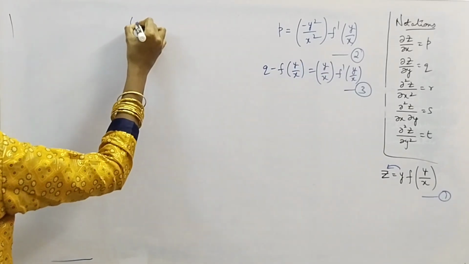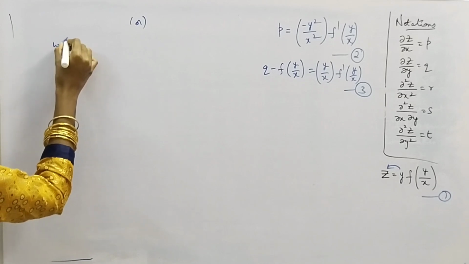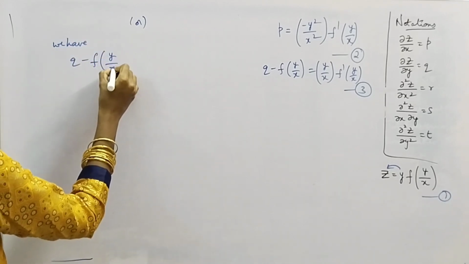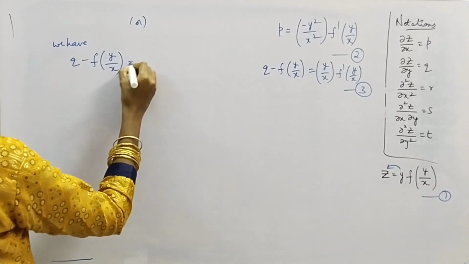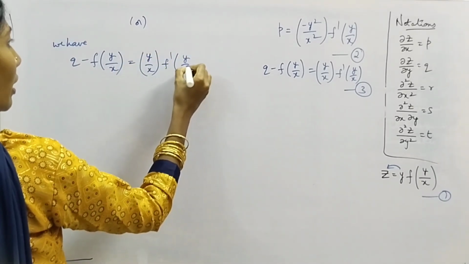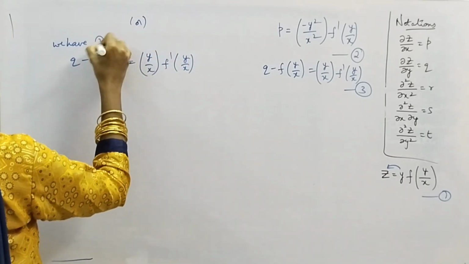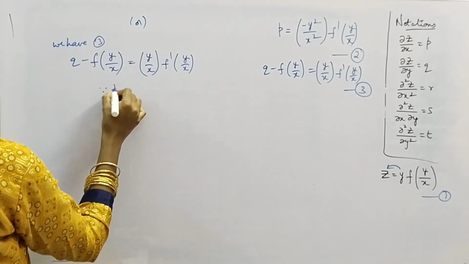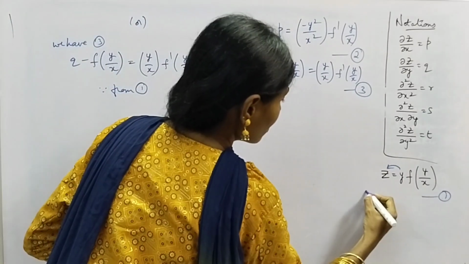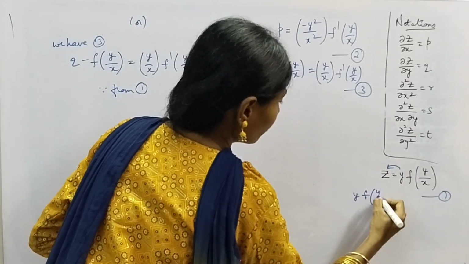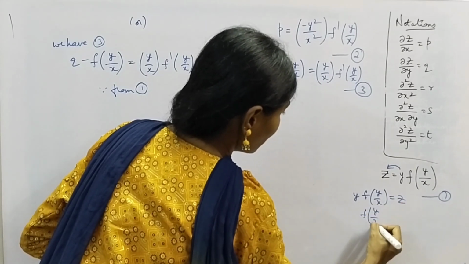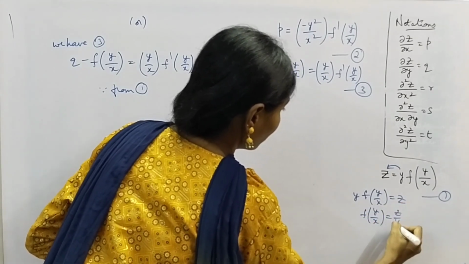Or this is another way. We have q minus f of y by x equal to y by x into f dash of y by x, from 3. Since from 1 we can write y into f of y by x equal to z, which gives us f of y by x equal to z by y.